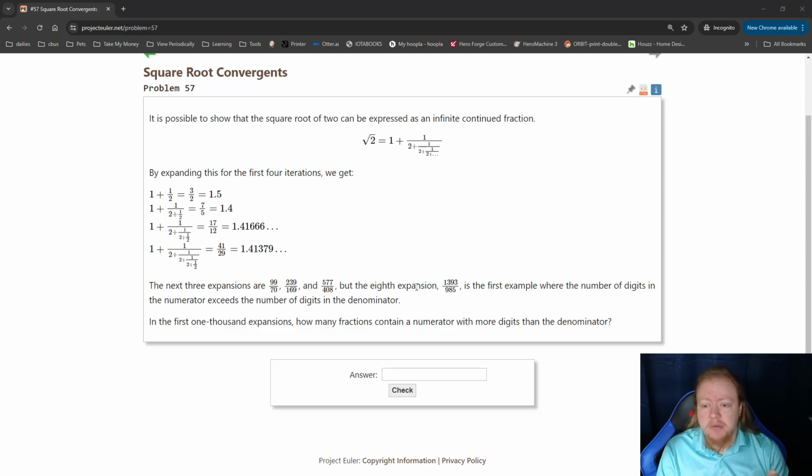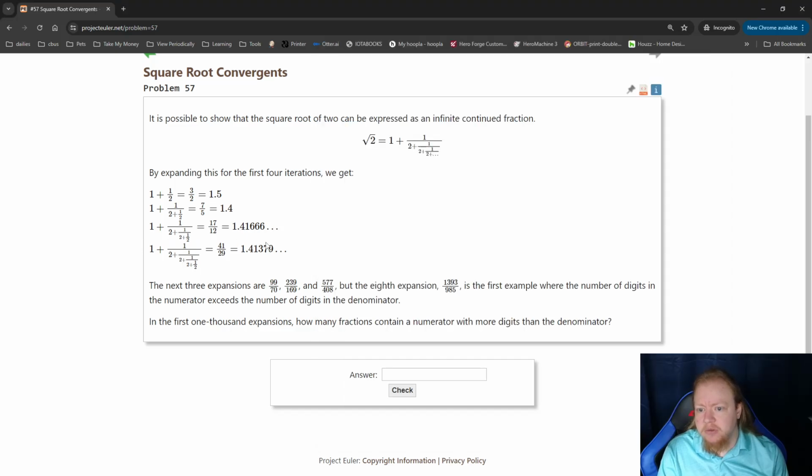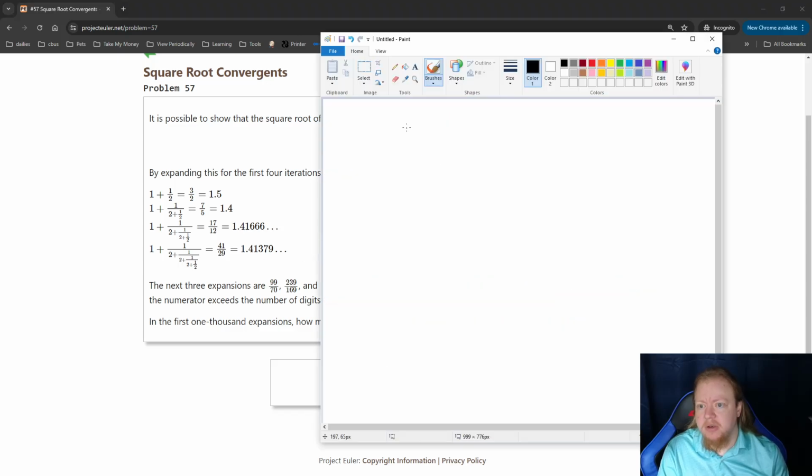Okay, so the hard part of this is going to be figuring out the pattern here. And to help us with that, I'm going to pull up Paint. So obviously this first case is pretty trivial. Let's jump down to this 4th iteration so we can see the pattern emerge.